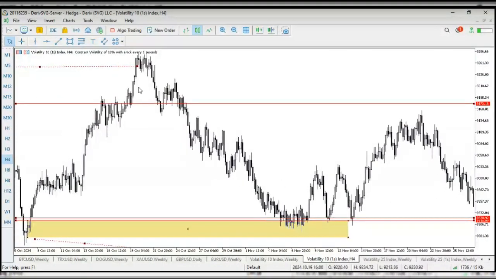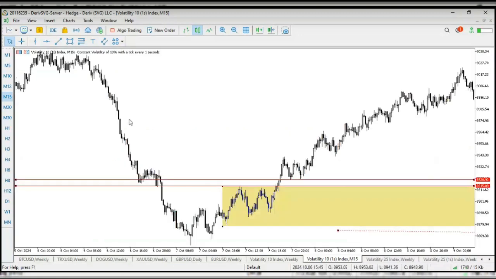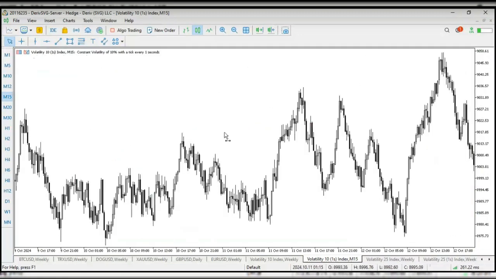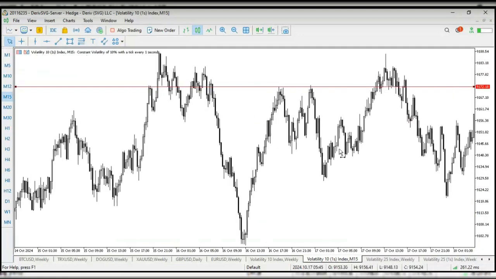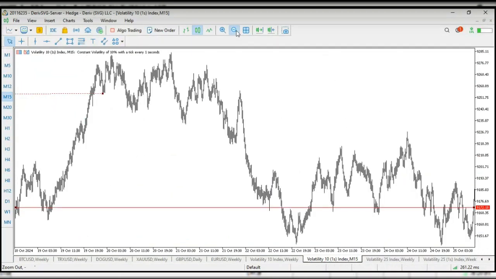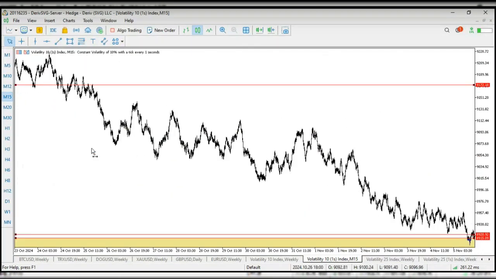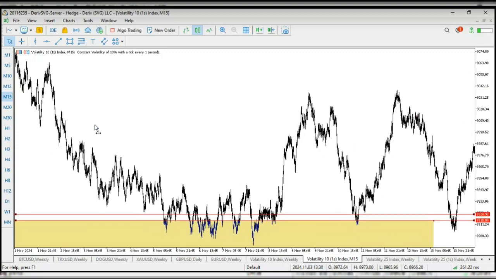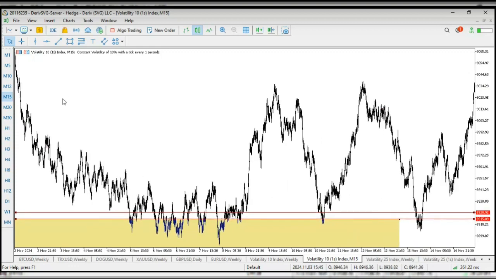Now, what I will do is go from this H4 to M15. All right, so that's good. Let me make this bold.